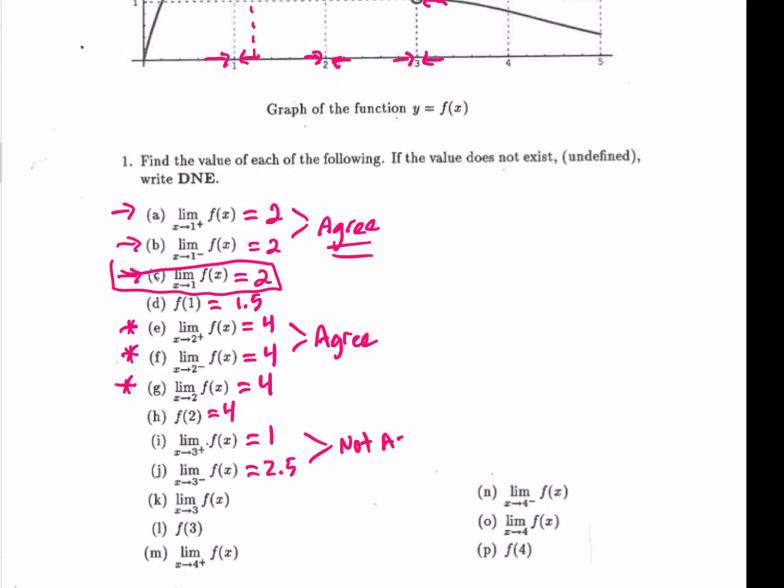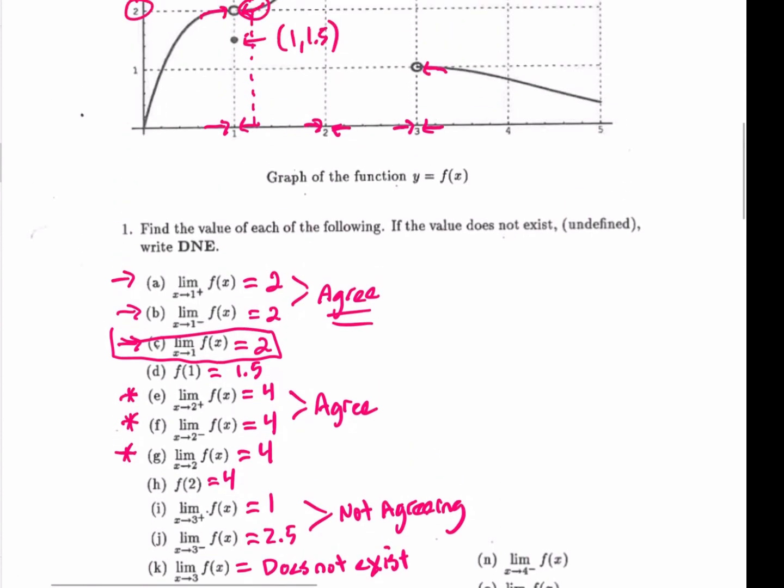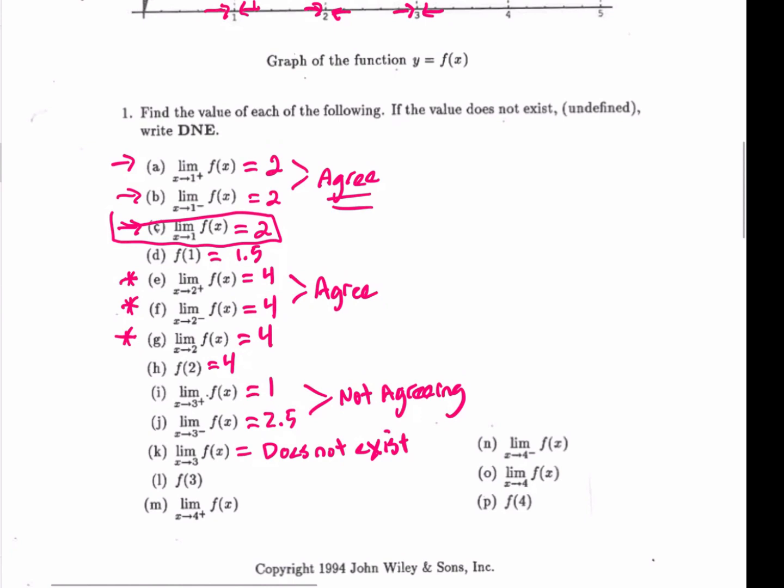They're not agreeing with each other. So, follow-up question about what is the limit as x goes to 3 of f of x? This is called does not exist. The limit from the left and the limit from the right do not agree with each other. We got a 2.5 and a 1. So overall we say the limit does not exist.